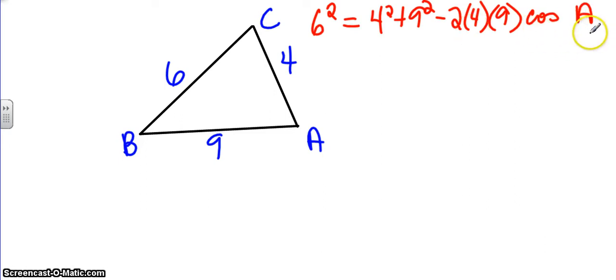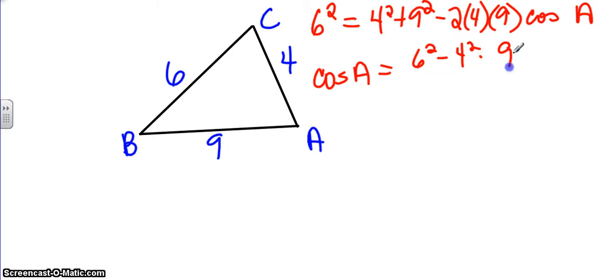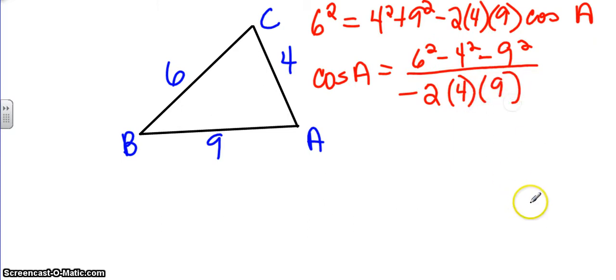When I solve for cosine A, I have cosine A is equal to 6 squared minus 4 squared minus 9 squared divided by negative 2 times 4 times 9.